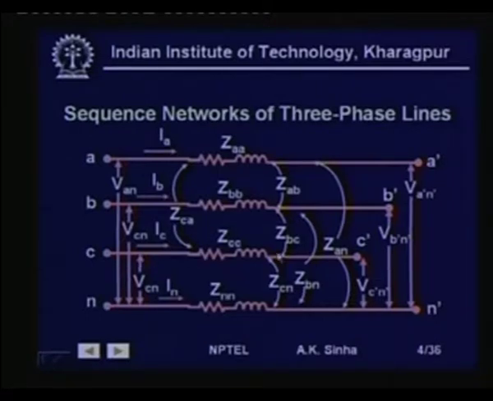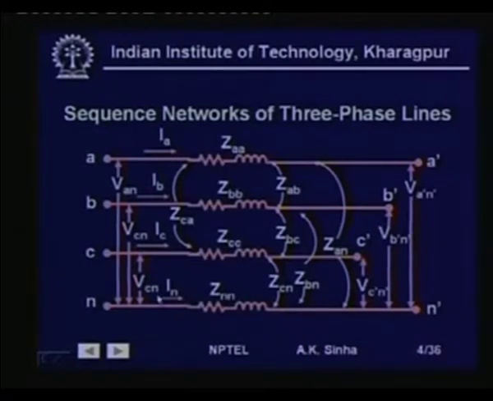Similarly, for current flowing in C, there is going to be a voltage drop in phase A, that will be ZCA into IC, and similar voltage drops will be there in the neutral conductor also, that is IN into ZNN.